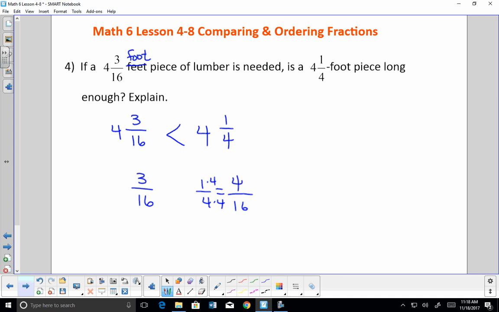So a 4 1/4 foot piece of wood would be long enough. So yes, 4 1/4 is greater than 4 3/16, so it would be long enough.